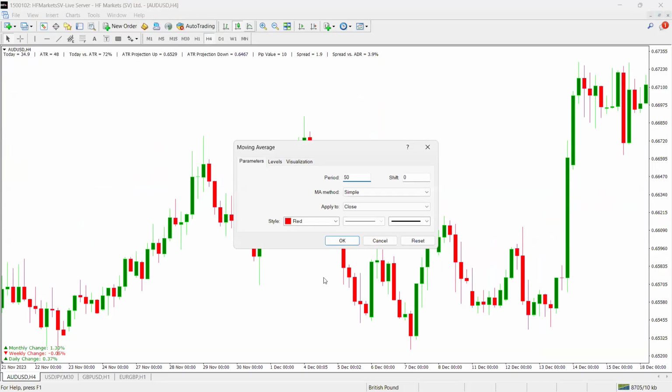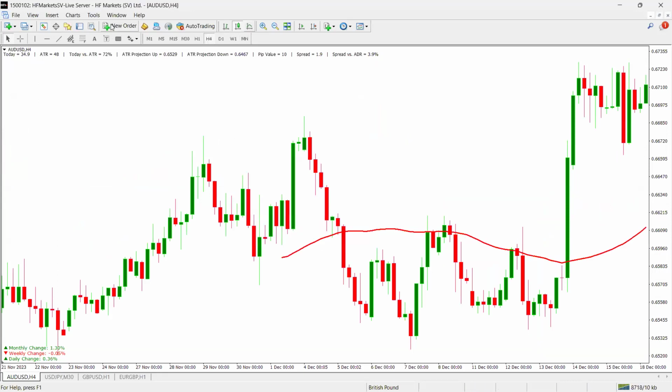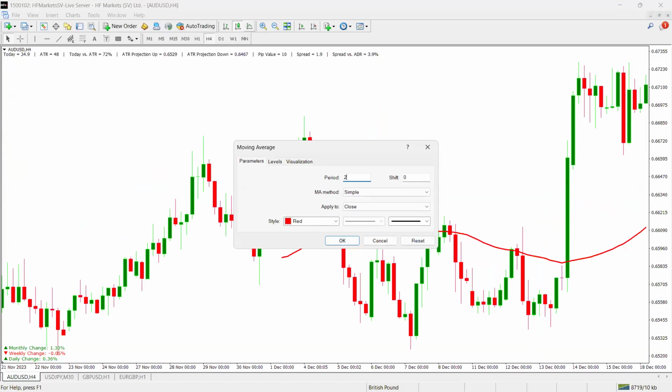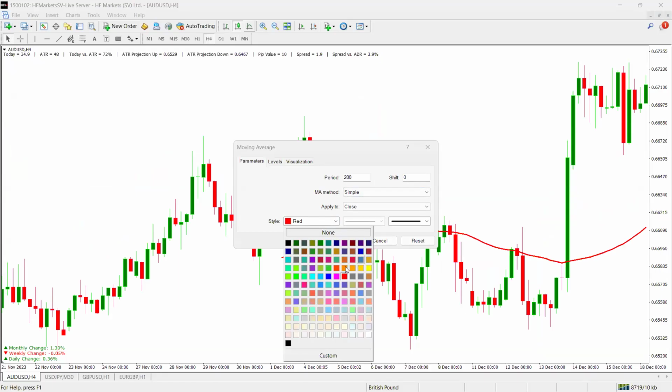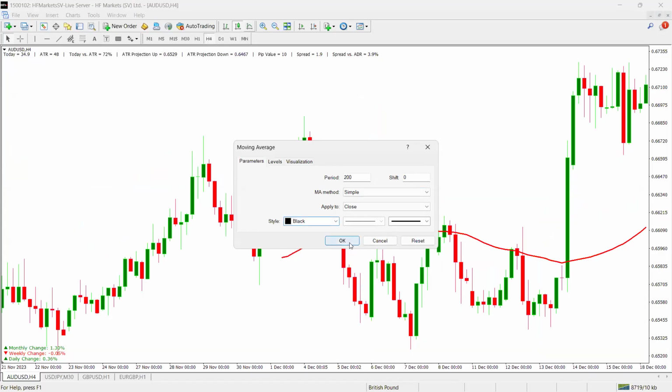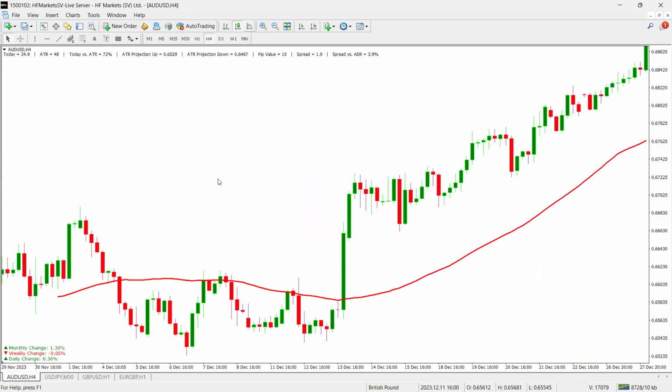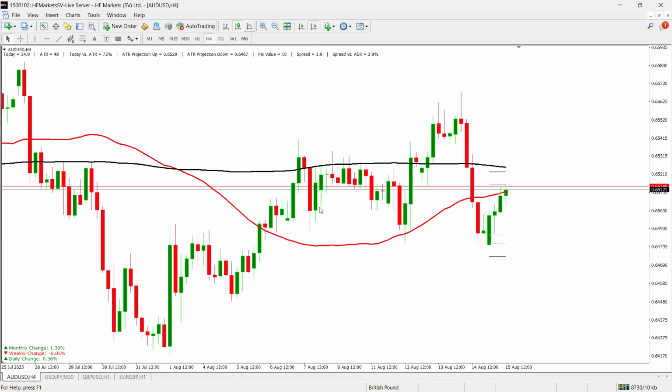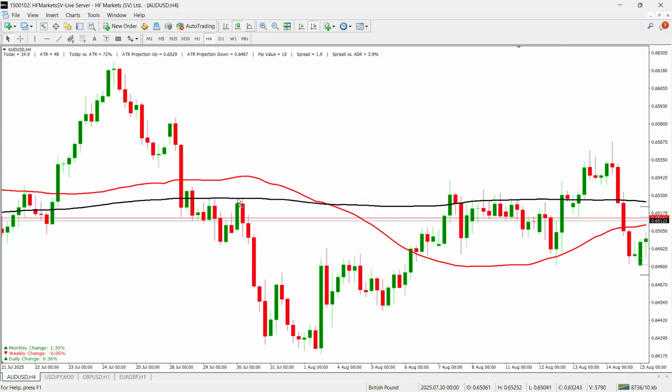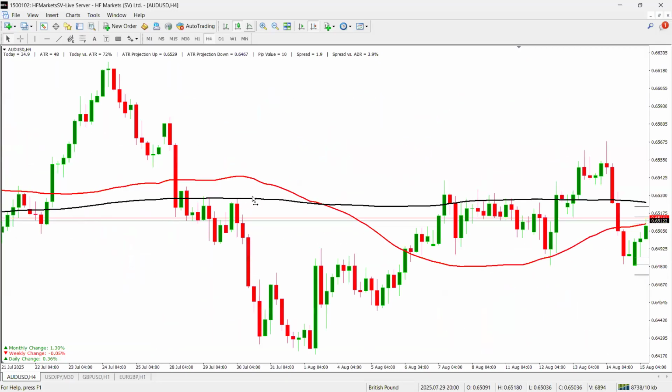50, red, and insert. Let's start with industry standard, black. And look at the 50.